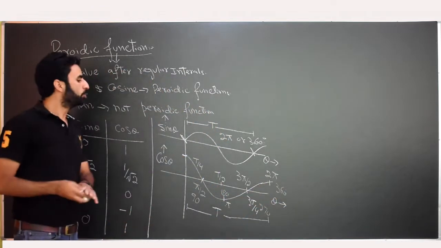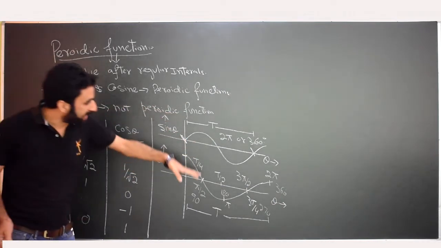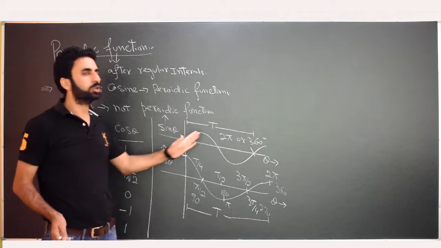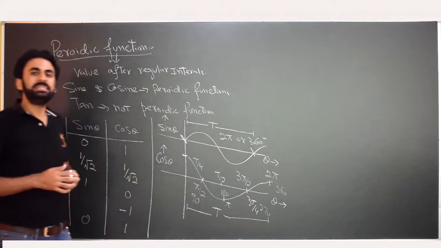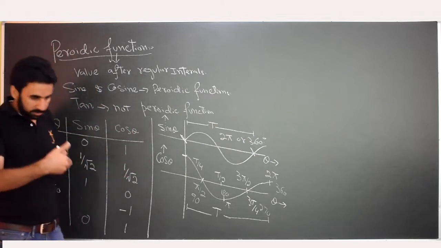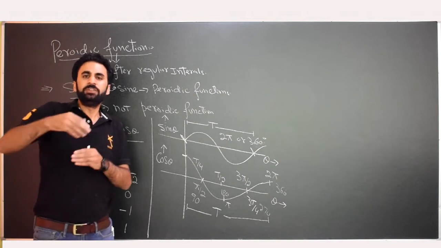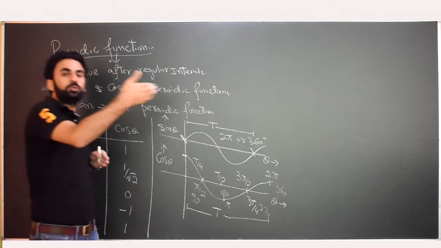So sine and cosine functions, since they repeat after equal intervals of time, are known as periodic functions. But the same thing is not happening in case of tan. If you analyze the same analogy for the tangent of theta, you will see it will go from 0 to infinity.